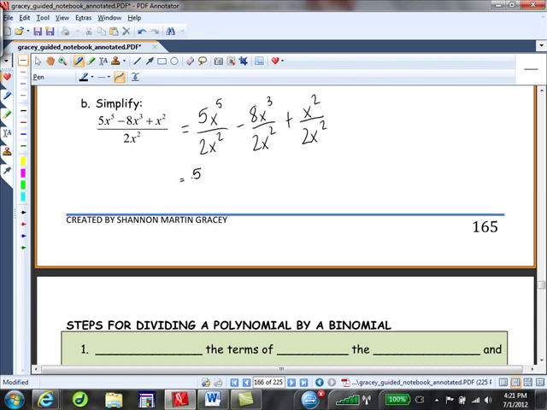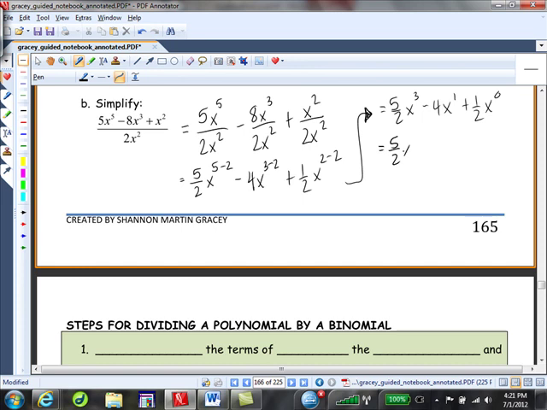So this will give us 5 halves x to the 5 minus 2, minus 8 halves is 4, and we'll get x to the 3 minus 2, and then 1 half x to the 2 minus 2, which will yield a result of 5 halves x cubed minus 4x to the 1 plus 1 half x to the 0, which gives us 5 halves x cubed minus 4x plus 1 half times 1, because remember x to the 0 is 1.